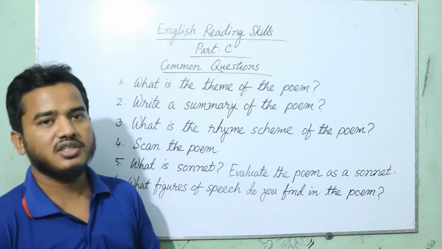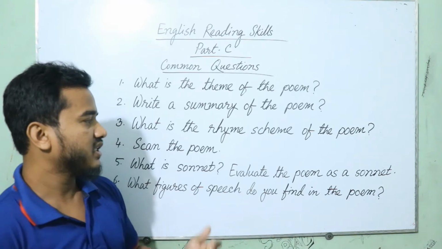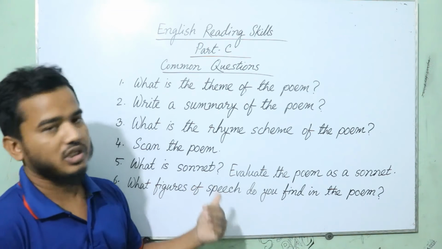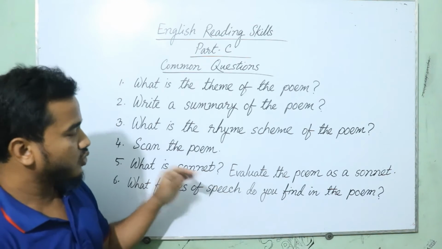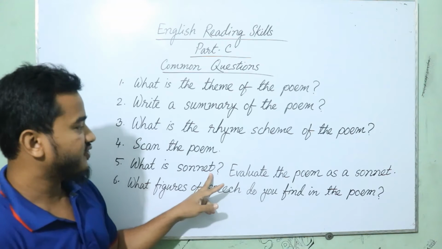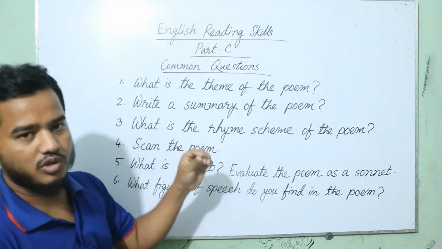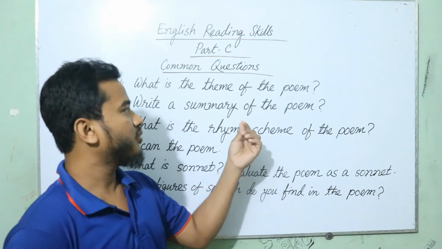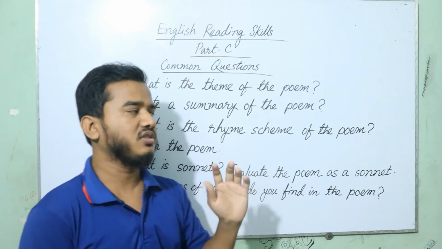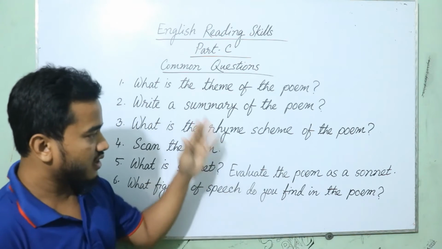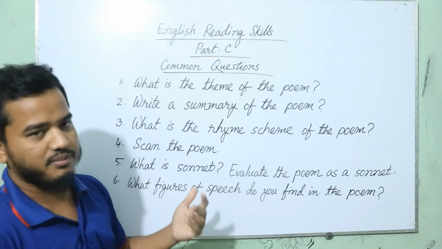If there are fewer or more than 14 lines, then it will not be a sonnet, and you will not get the question. So the other 5 questions are common in every poem or every question paper. You only have to answer 5 questions, so if you practice all 6 questions, you will get 5, inshallah.